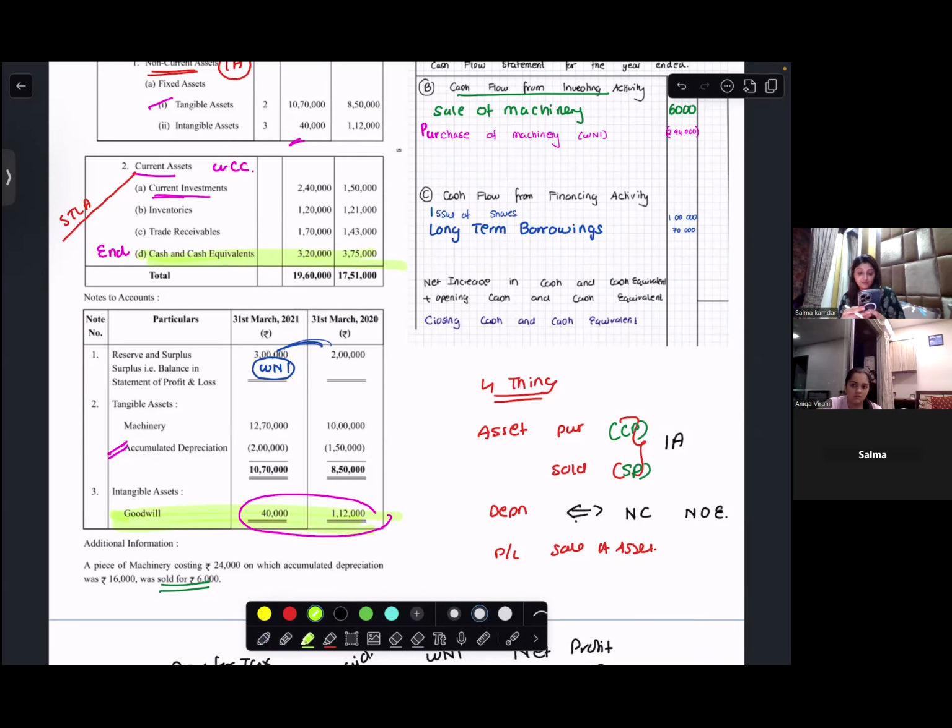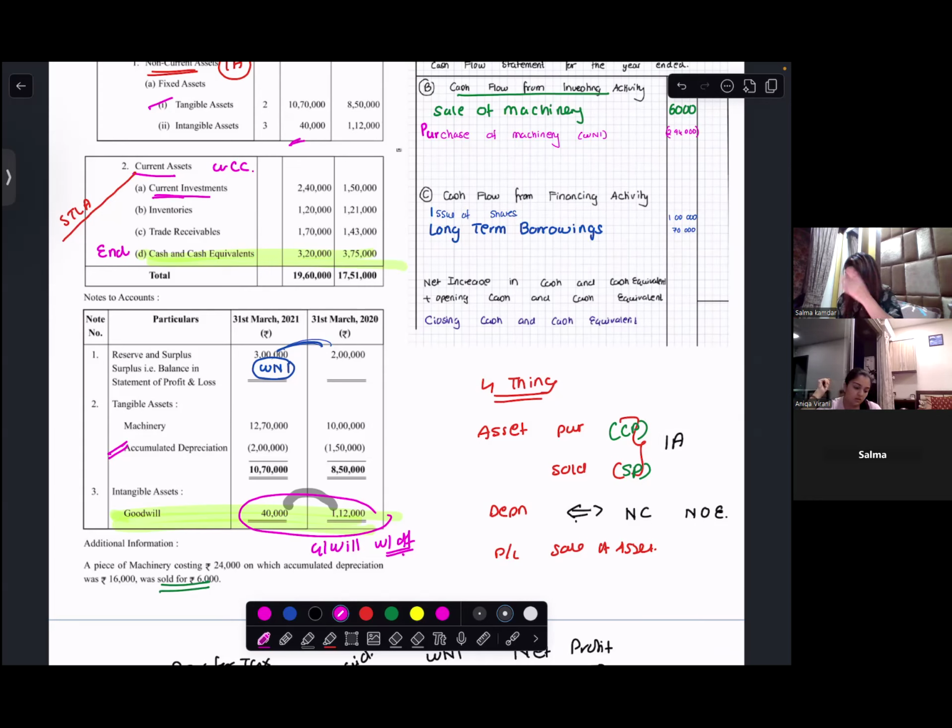What is happening to goodwill? There is a reduction of goodwill. That means goodwill is written off. Where will you record this? In operating activities, in the non-cash, non-operating section. Yes, it is a non-cash expense.